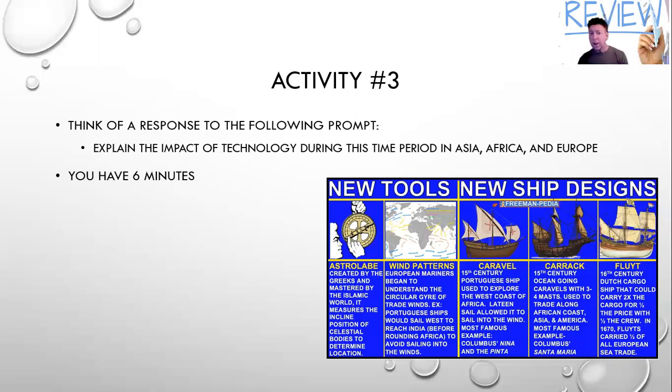So go ahead and take 6 minutes to do that, and then put it together, and then you'll be able to see what you know and what you don't know, if you need to go back and look at the different technologies that have come about during this time period. So go for it, and then you'll be done with your 3 activities for this review.